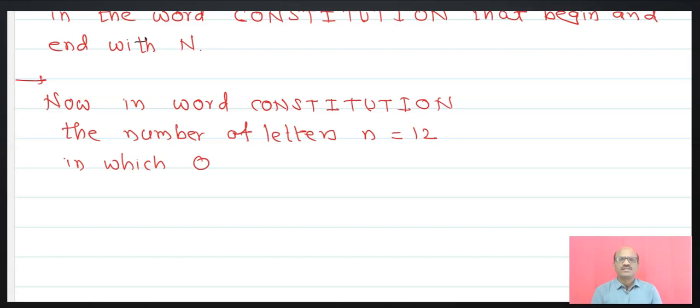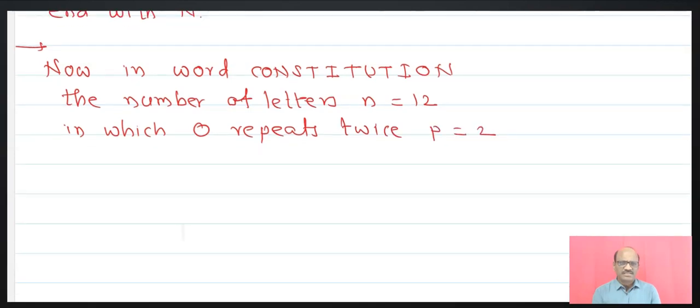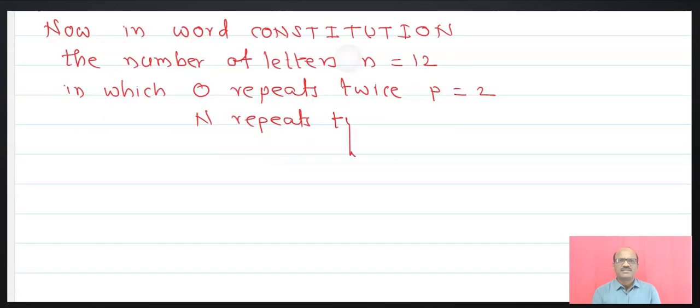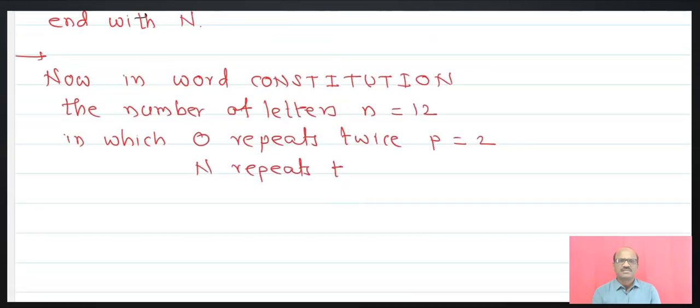Now we require the word such that it begins with N and also ends with N. Now here O repeats twice, therefore it is treated as P is equal to 2, and the next letter also repeats twice, Q is equal to 2.